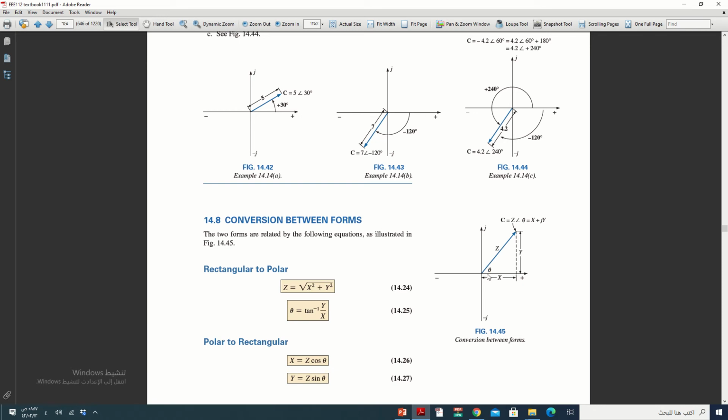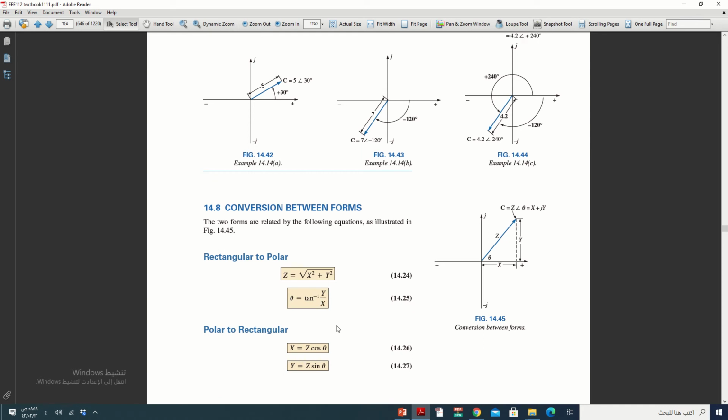We can find it by tan inverse of y over x. Okay, tan inverse y over x. What about the opposite? If we have z and theta and we need to write it in rectangular form, we can say x equals z cosine theta and y equals z sine theta.